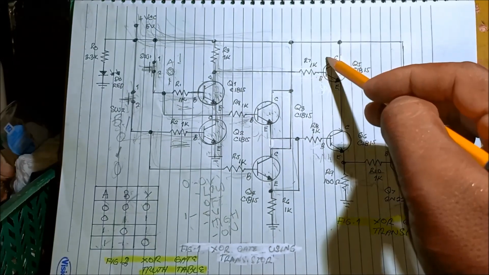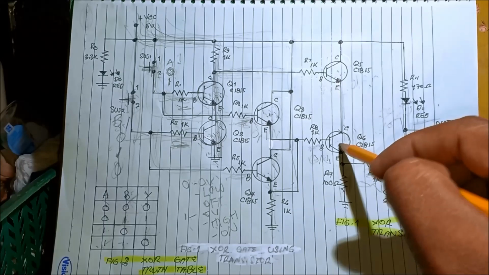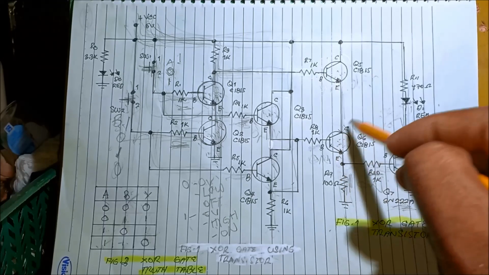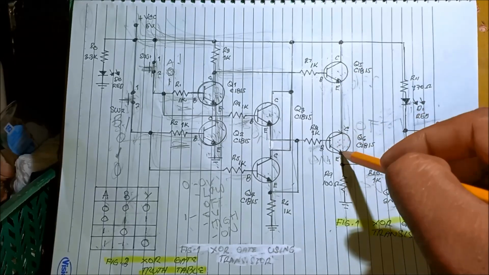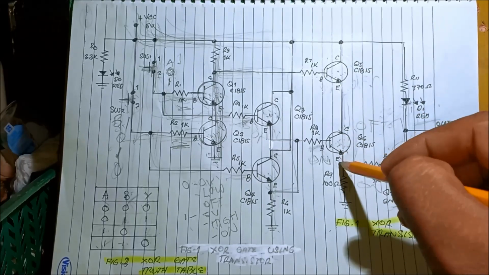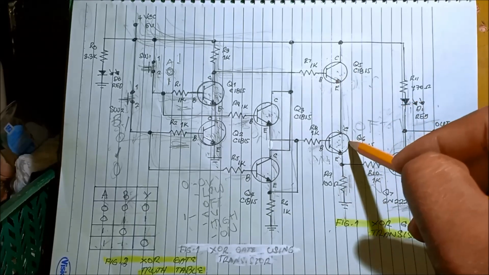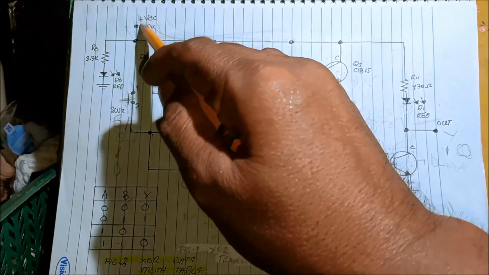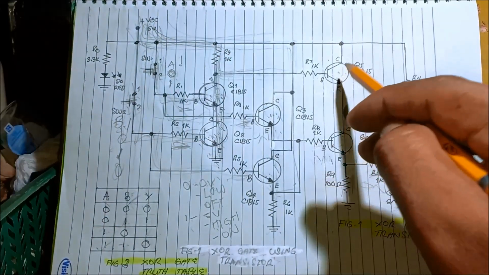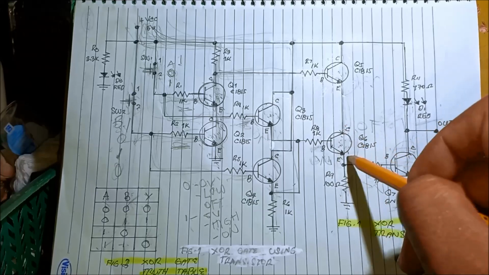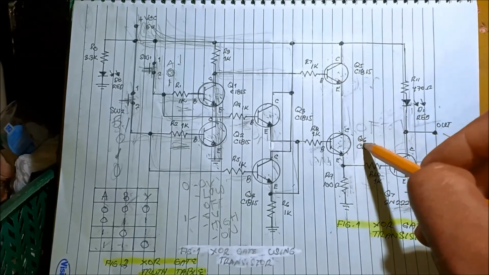If this is off, what happened to this? This is off because there's no current to flow into the collector to emitter of this transistor, because this is off. So this is also off, because the current must flow from 5 volts to collector to emitter, but there's no current here, so this is off.